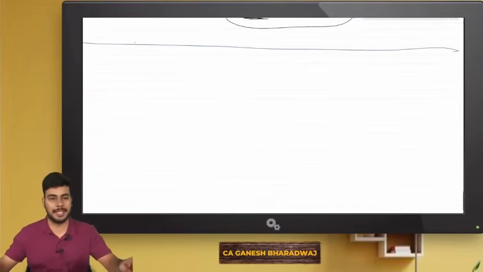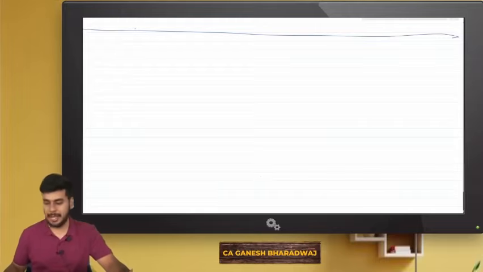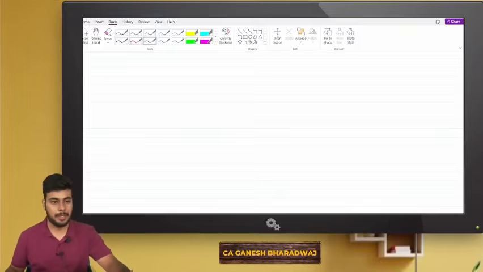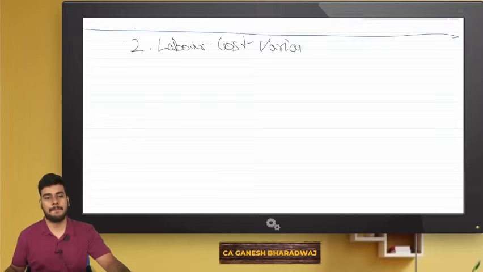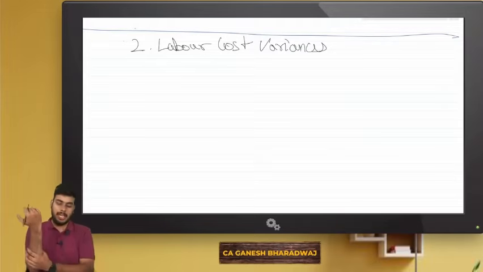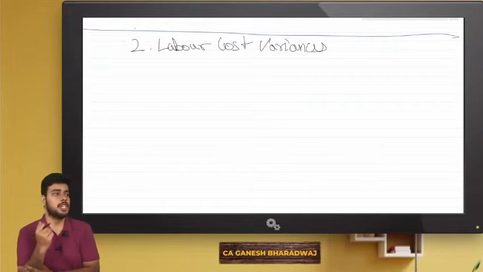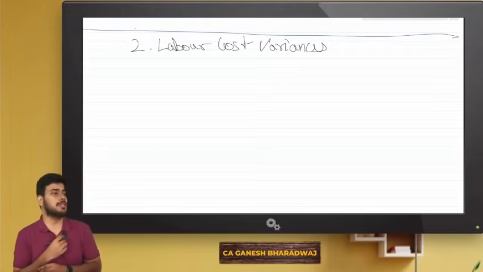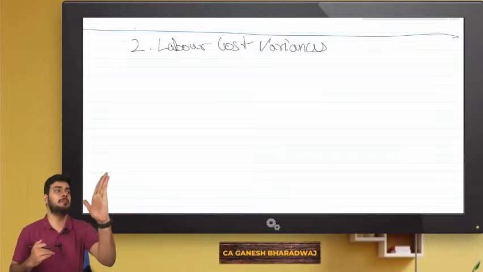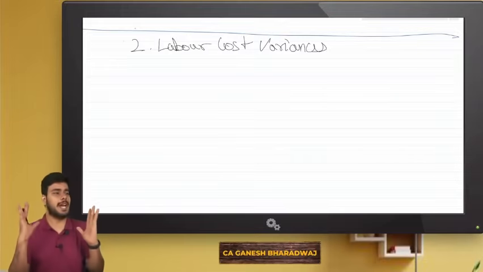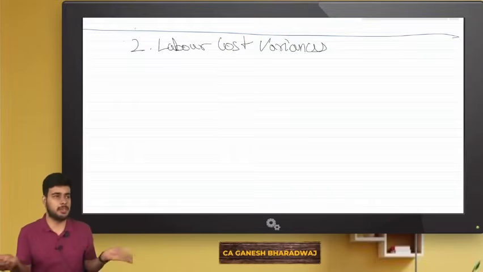Fine. So let's move to the next segment called labor cost variances. So write down labor cost variances. Now we all know what the objective of this chapter is. We have to compare the standard cost with the actual cost, that is, we need to find out the variances.